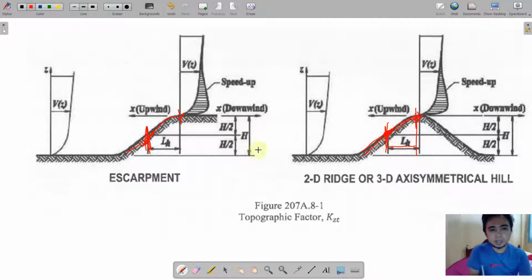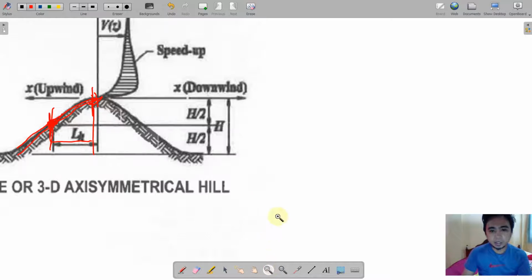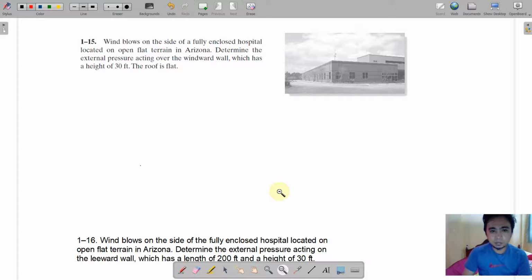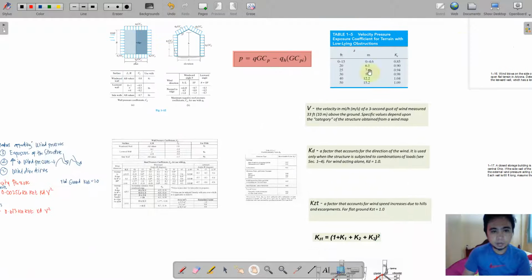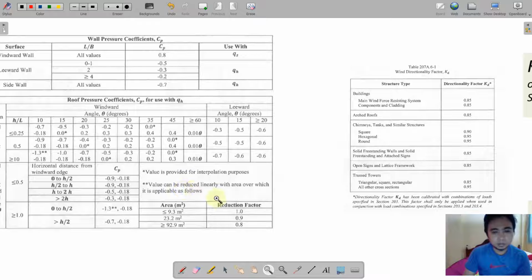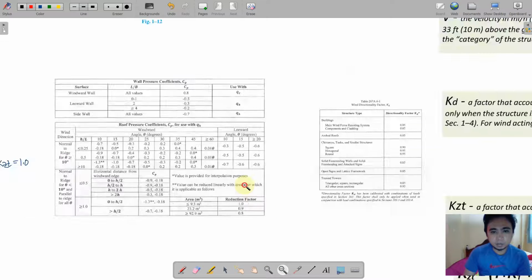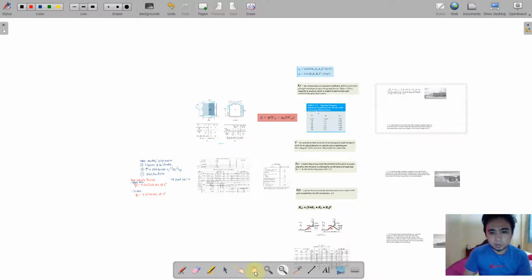Okay, so what are these LH and H for? We will compute those so that we can evaluate the factors on this table.